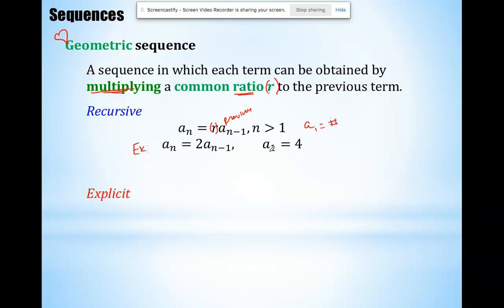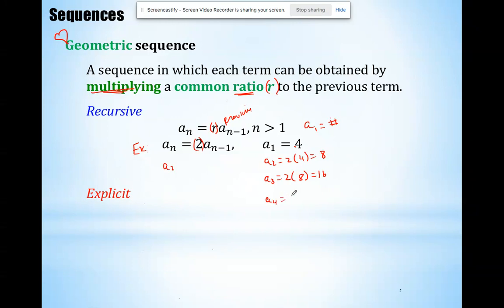So here's my example. The first term is 4. The recursive rule is multiply every previous term by 2. So what's a sub 2? A sub 2 is 2 times the previous term. A sub 3 is 2 times the previous term.